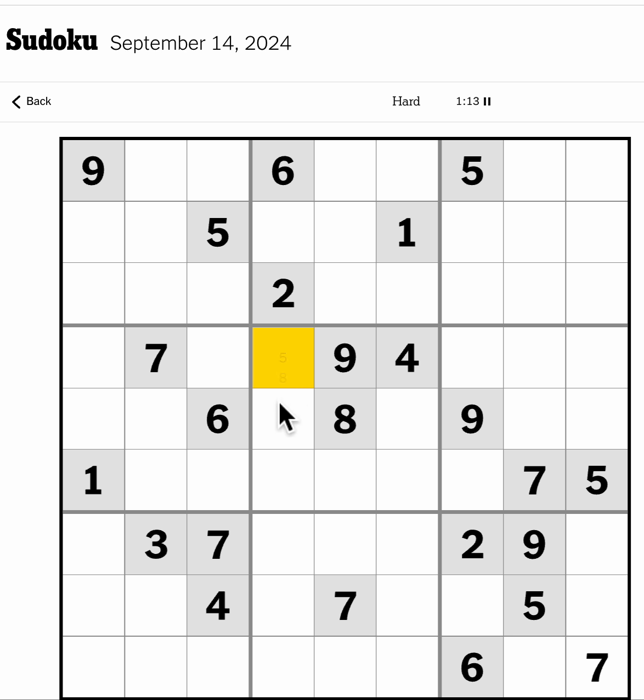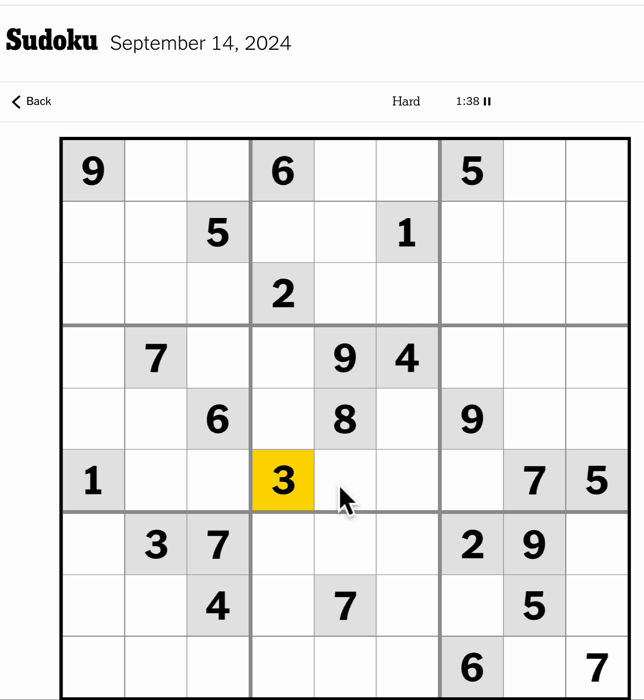These 3 cells will be filled with 1, 5, 7 in some order. That will leave 2, 3, 6 for these 3 cells, and here's 2 in the 6th, so that leaves 3 for this cell.